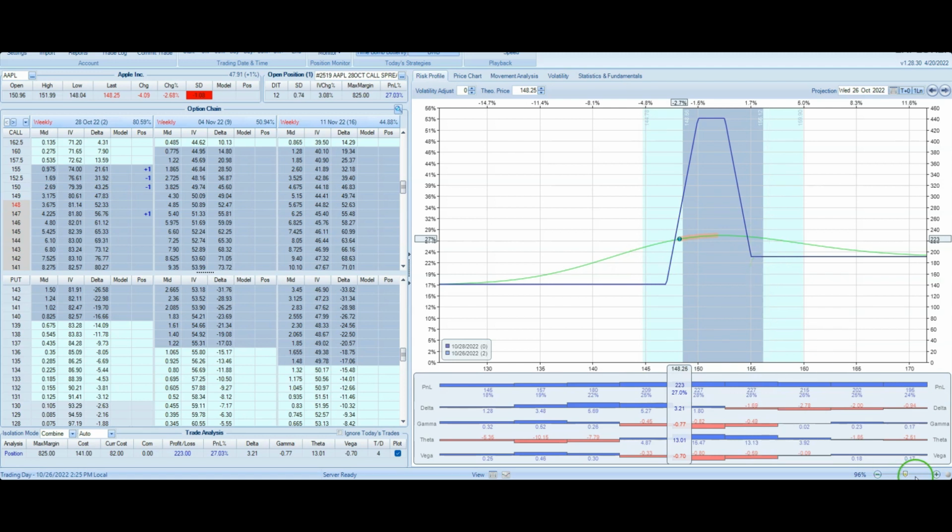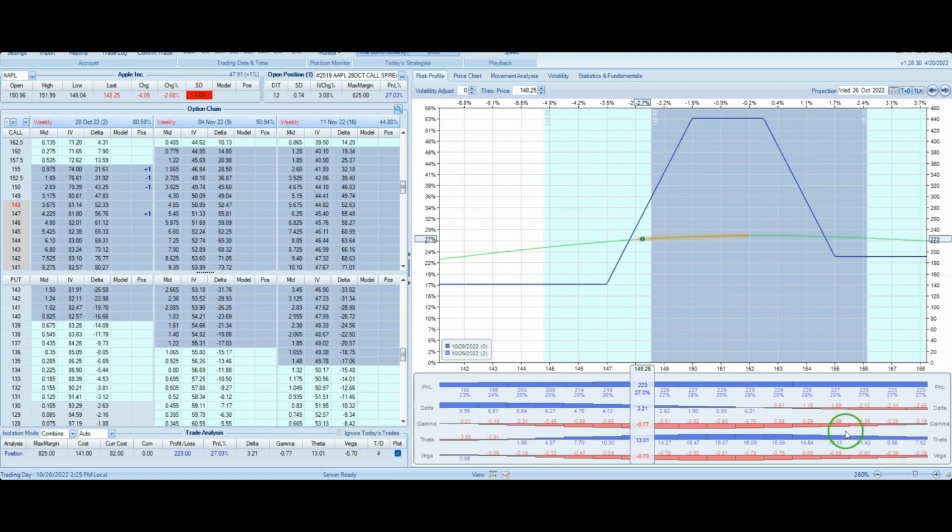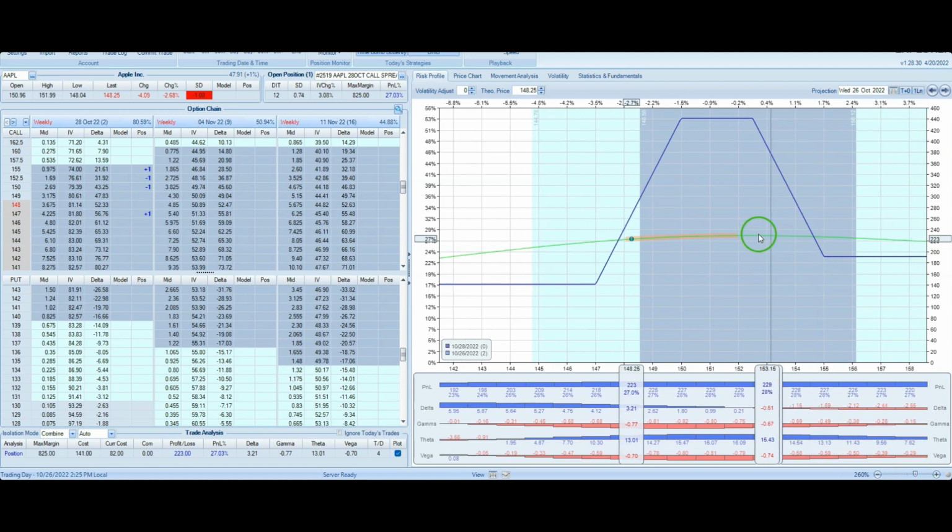And that's not accounted for any commissions or fees. There was a bonus if Apple was somewhere between 150 and 152.5.